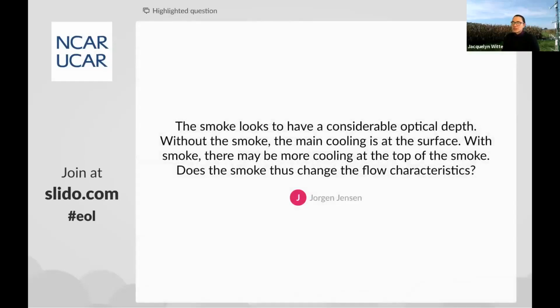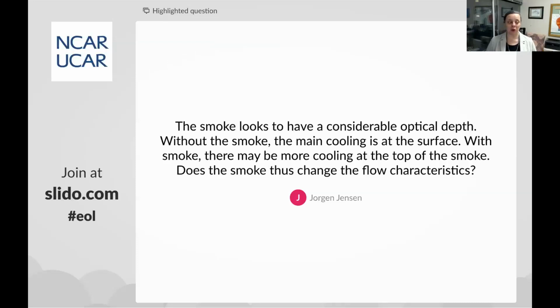We have a question from Jürgen, who's at RAF. The smoke looks to have a considerable optical depth. Without the smoke, the main cooling is at the surface. With smoke, there may be more cooling at the top of the smoke. Does the smoke thus change the flow characteristics? I don't believe so. We've used smoke like this in the past. You probably couldn't see in the pictures, but smoke is maybe not the best word for it. It's more akin to a tracer.